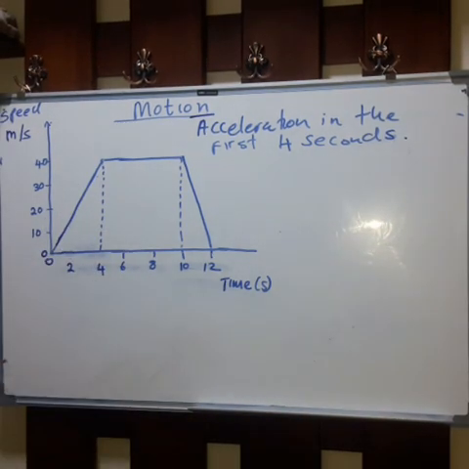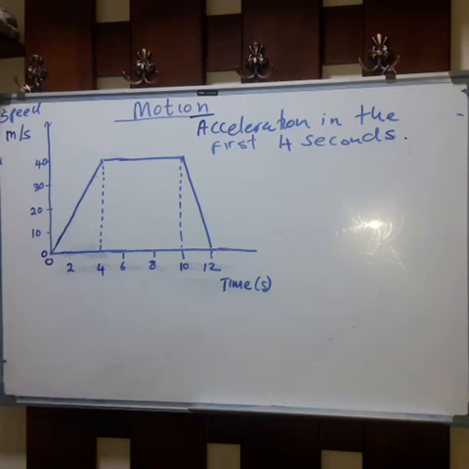So in the first 4 seconds, you notice that the speed of the object is increasing uniformly from 0 to 40. Initially it was stationary, then it started moving, and there is uniform acceleration there. There is an increase in speed with time, and the increase in speed with time is constant.